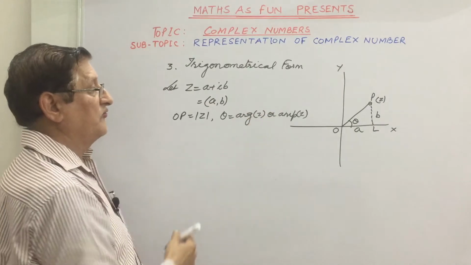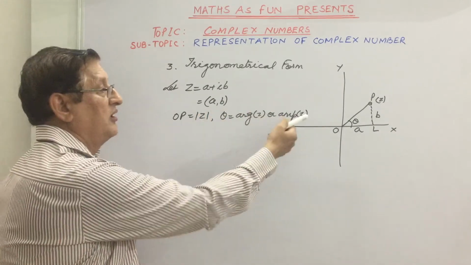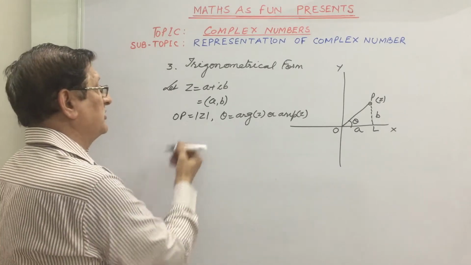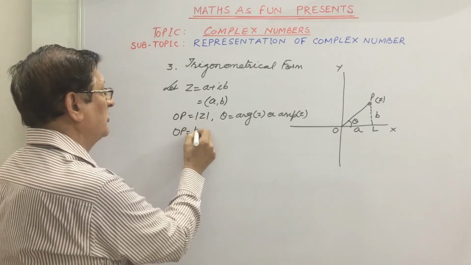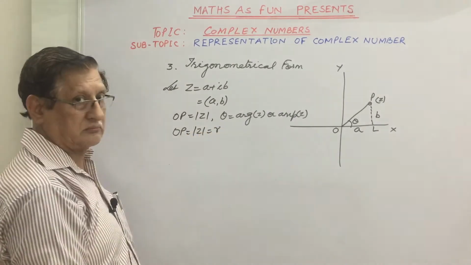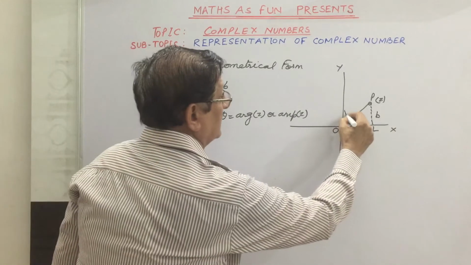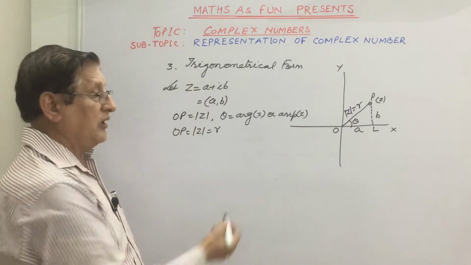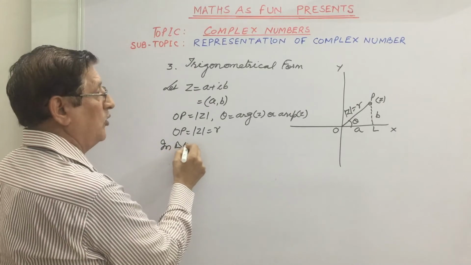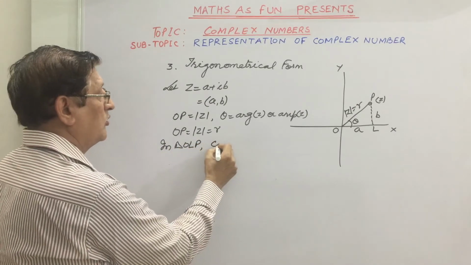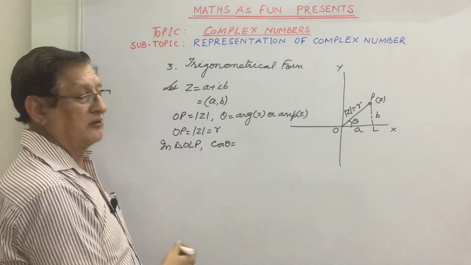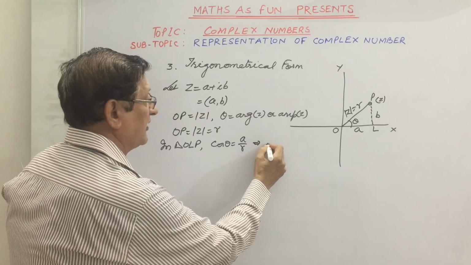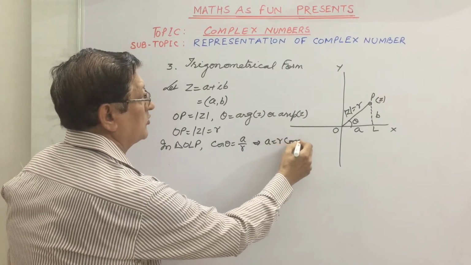Can we find the value of A and B in terms of the modulus and the argument? I'll tell you one more thing. Here we can also represent the modulus of Z as R. It means this OP can be taken as modulus of Z, or we can represent this by R. In this triangle OLP, cos theta, if we find, that will be A upon R. It means we can find the value of A as R cos theta.